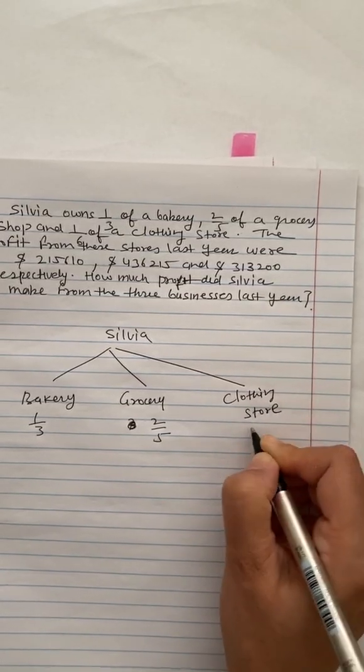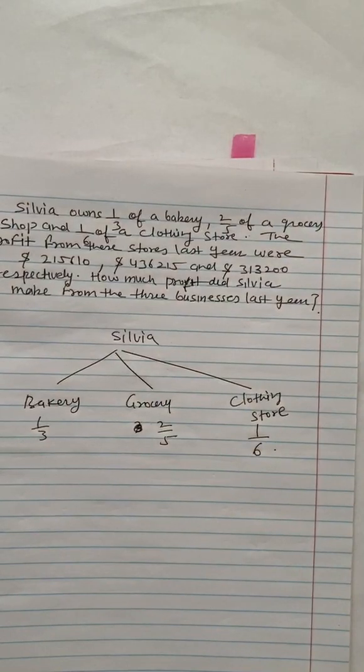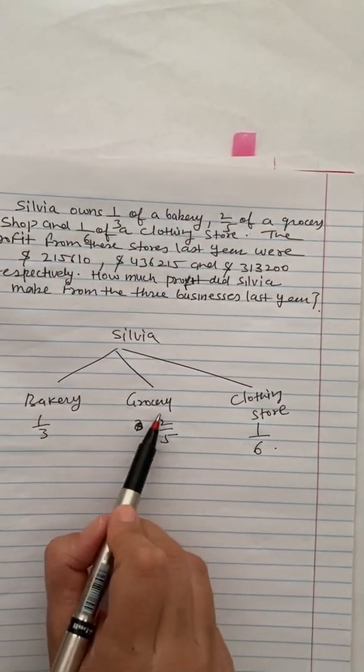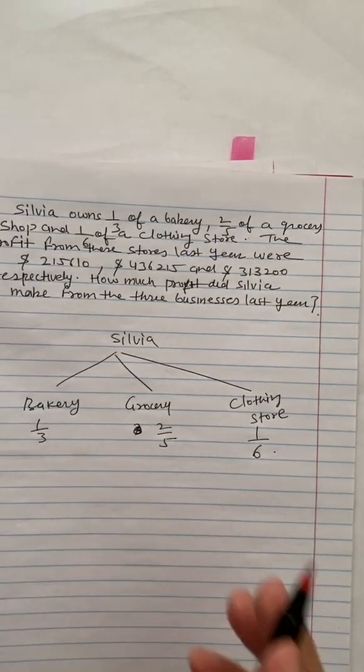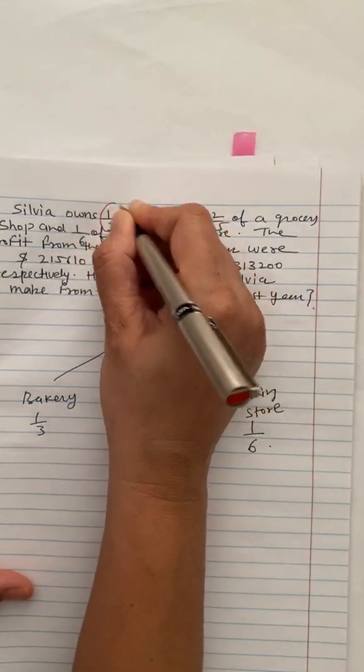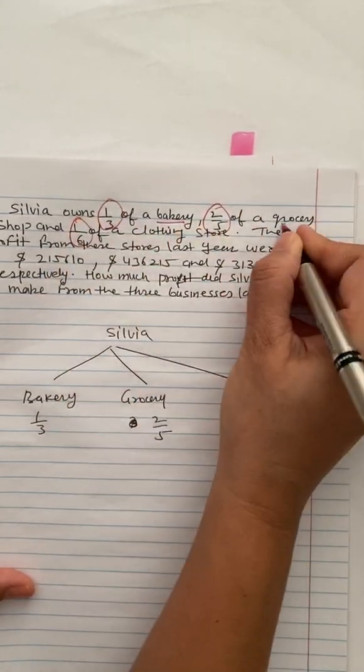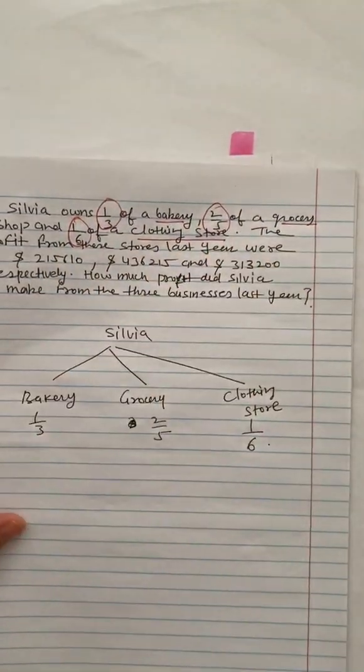So 1/3 is her share in the bakery shop, 2/5 in grocery, and 1/6 in the clothing store. Again, I will underline or circle the important information when I read the question.